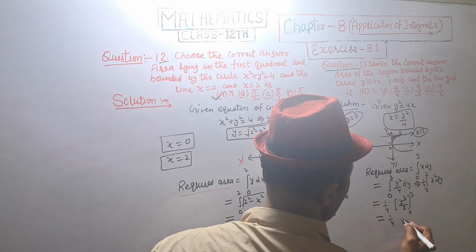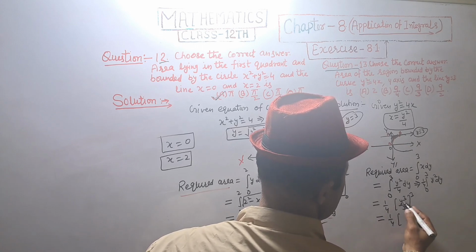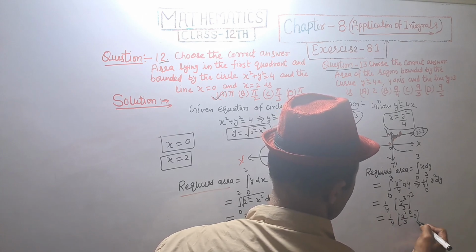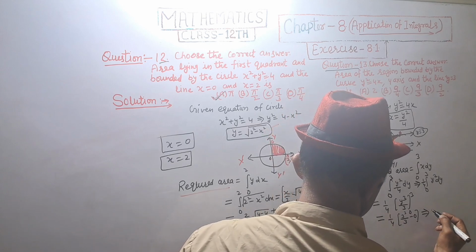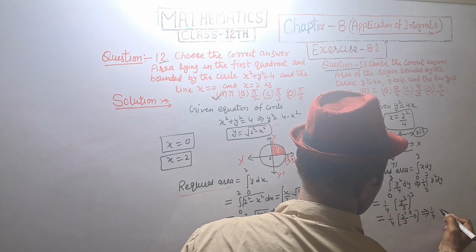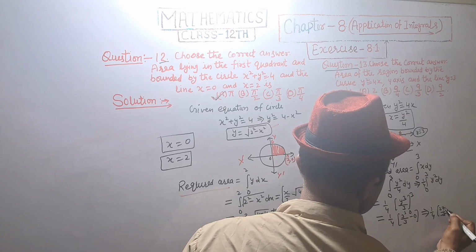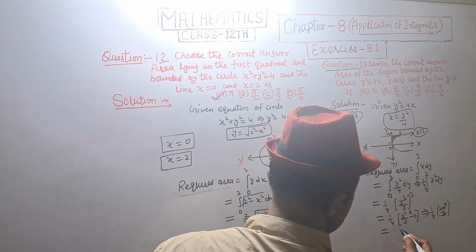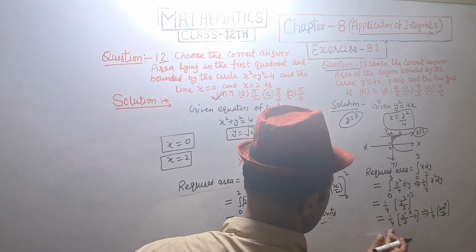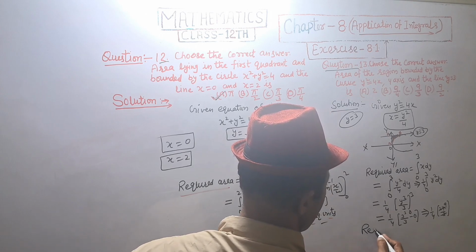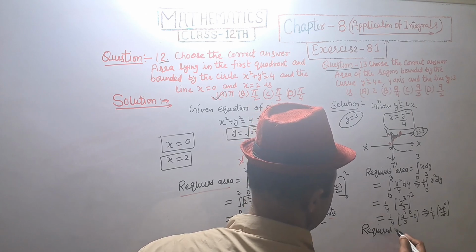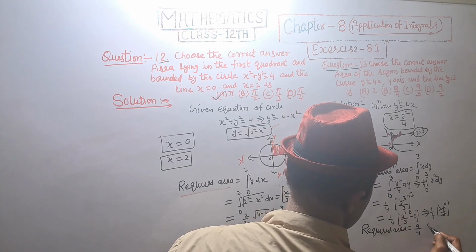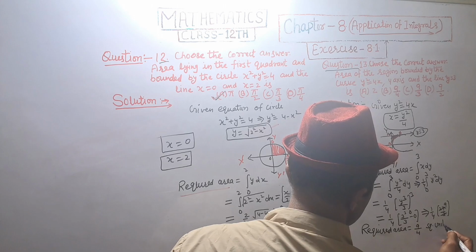That is equal to 1 by 4 into 3 raised to power 3 all divided by 3 minus 0. Lower limit is 0. This implies 1 upon 4 into 27 upon 3. 9 3s are 27. That is equal to required area is equal to 9 upon 4 square units.